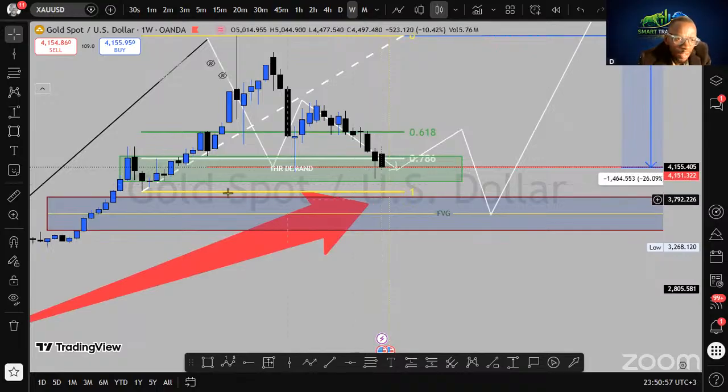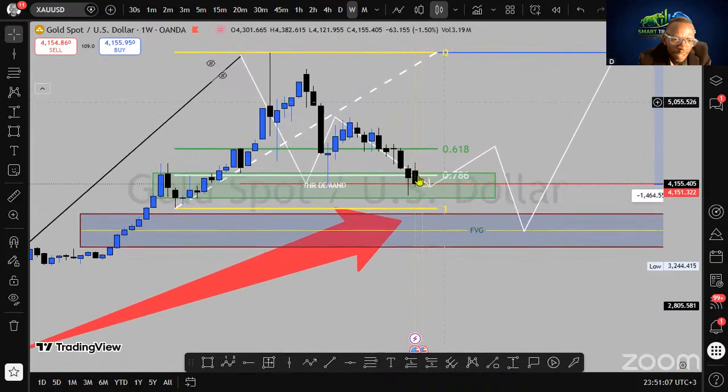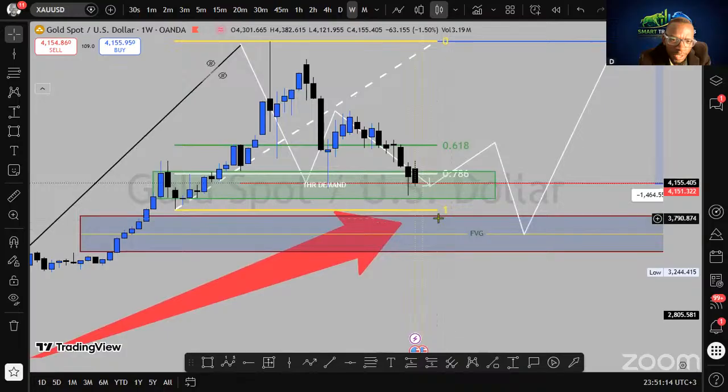The one thing that I'm loving is that we are in a very good area for the institutions' buys. So don't be surprised if the market decides to open up here. Definitely, the market must respect this line. Either way, I'm still expecting the market to respect this area.